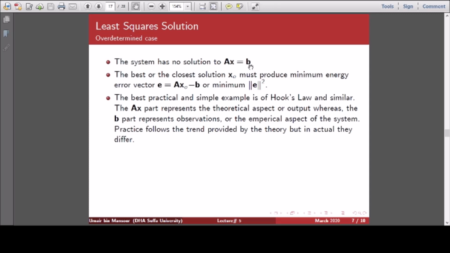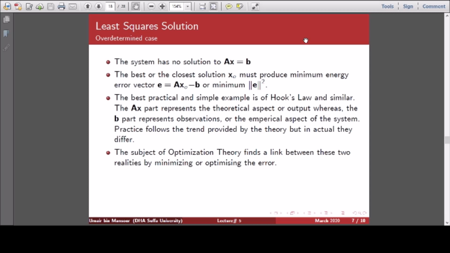When you plot them, they will follow a theoretical trend, but they will not represent a linear relation. The trend will be linear, but the actual relationship will not be linear.